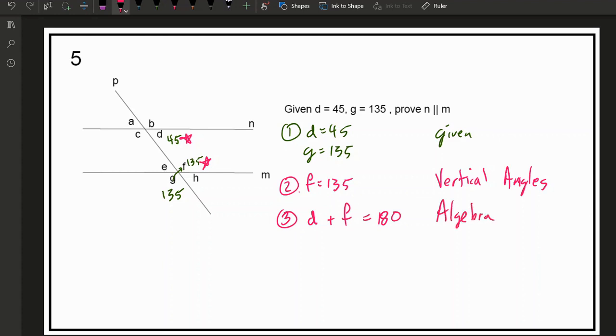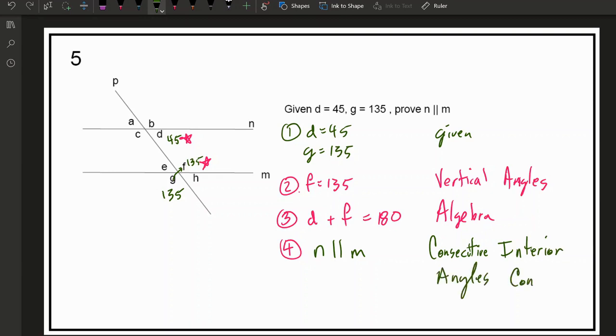That's algebra. And now that I know that those two angles are supplementary, I can now say N is parallel to M because of the consecutive interior angles, converse.